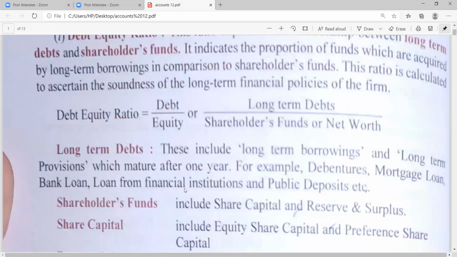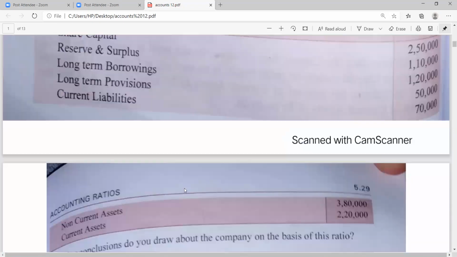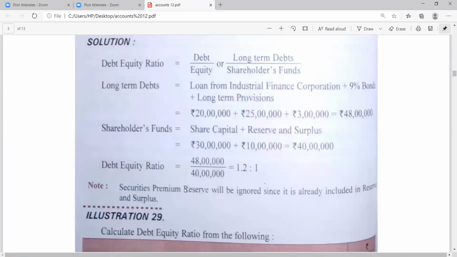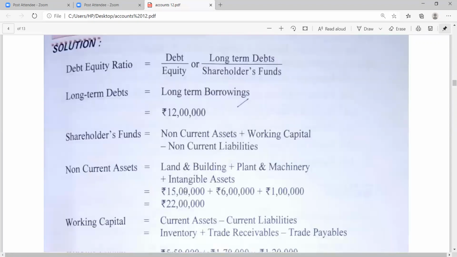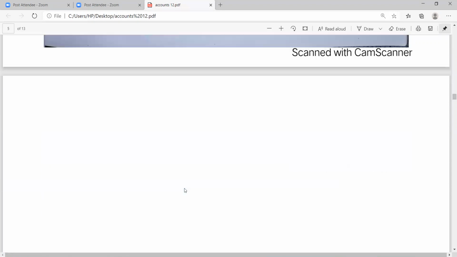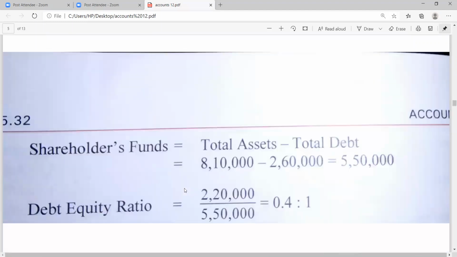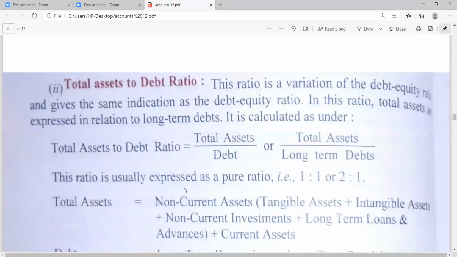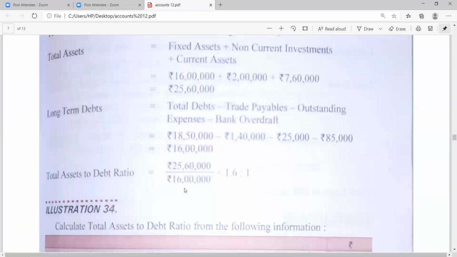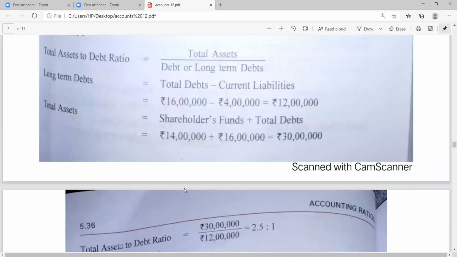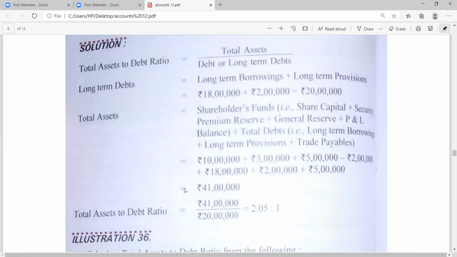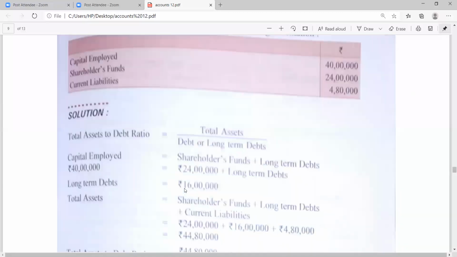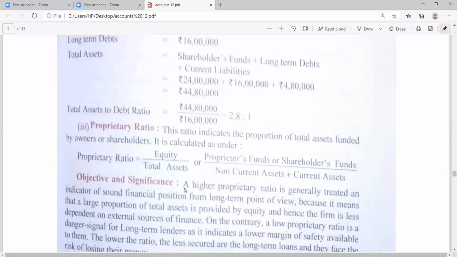Second, we have done the total assets to debt ratio, which is calculated by the formula total assets upon debt. Next, we have done the proprietary ratio. The formula of calculation of proprietary ratio is equity upon total assets.